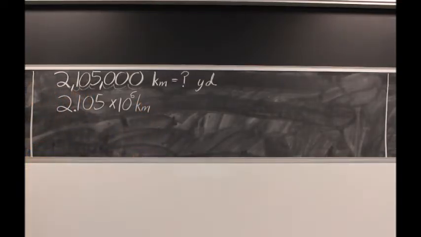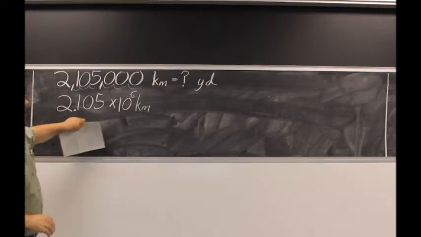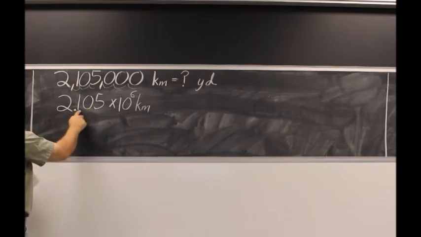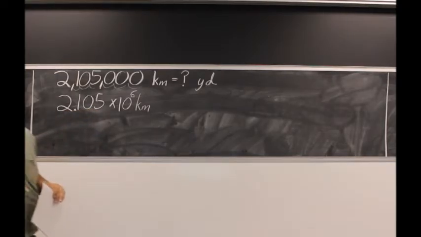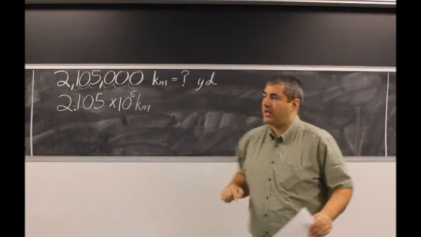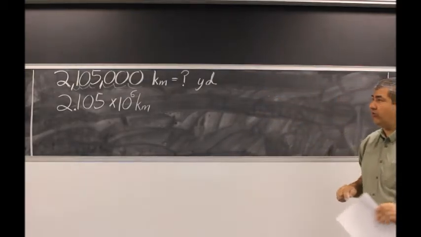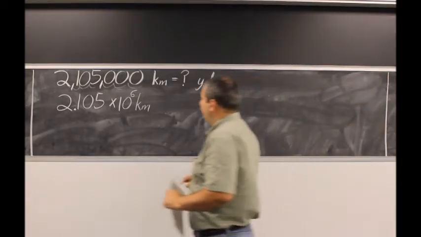And the reason I did that is, one, it makes the number a little easier for me to put in my calculator and deal with it, and I now know I have 1, 2, 3, 4 significant figures. So my answer can only have 4 significant figures or less when I'm finished.